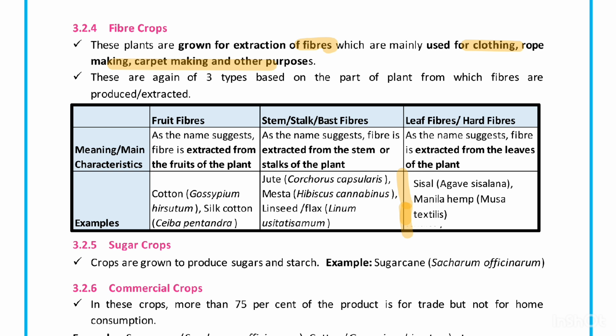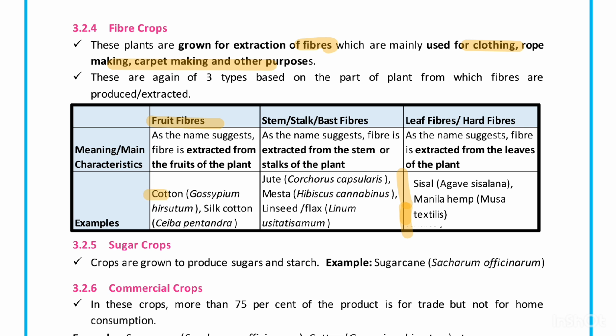Now, based on the part of the plant we use for extracting fiber, fiber plants are further classified. The very first is fruit fiber. As the name suggests, when fiber is extracted from the fruit of a plant, it comes under the category of fruit fibers.